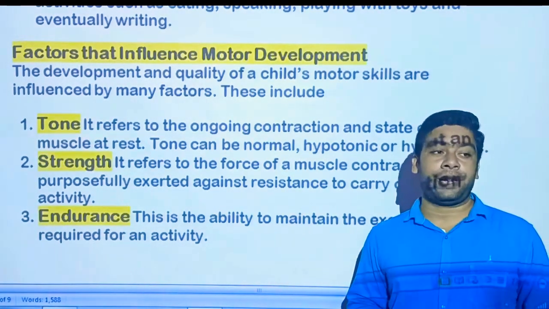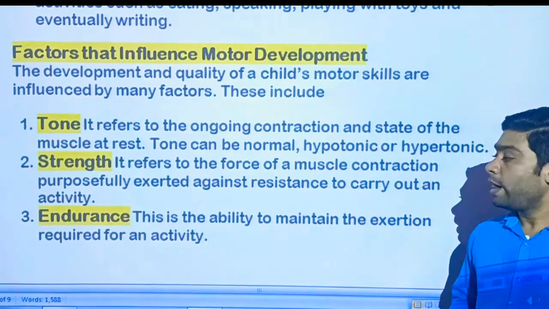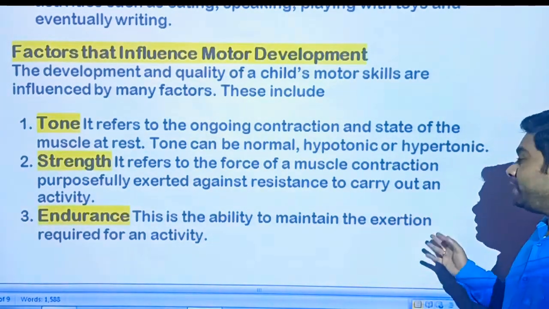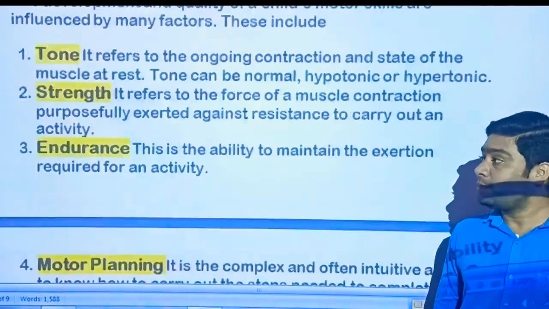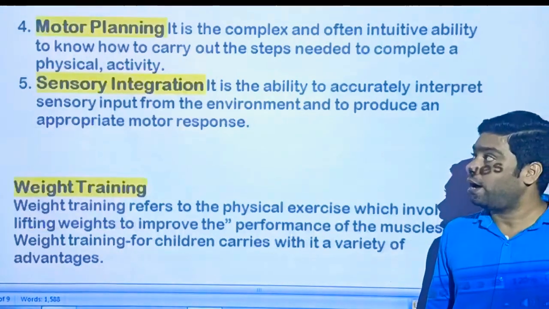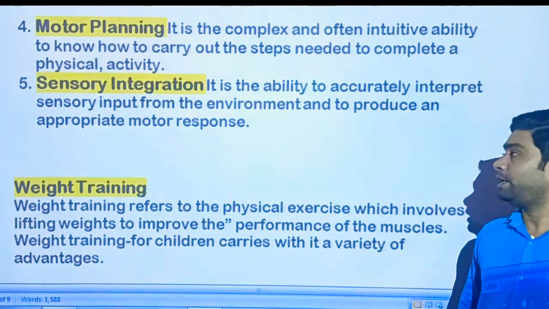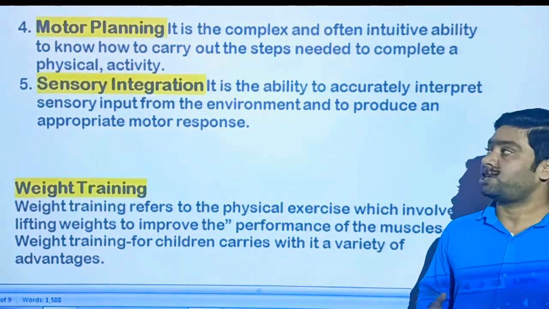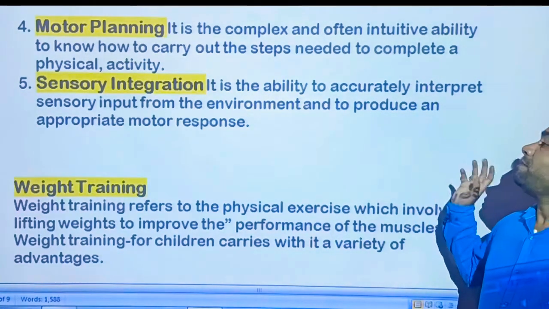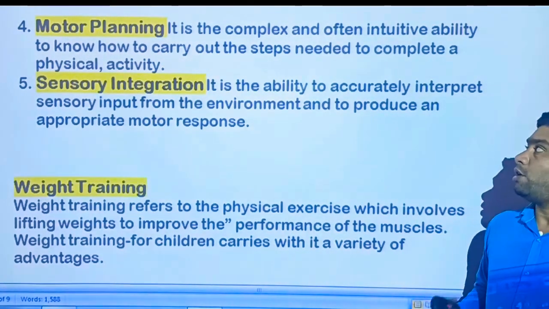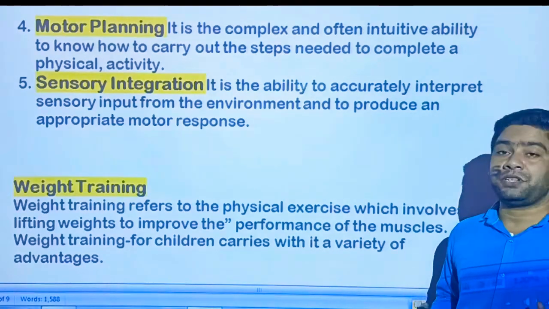Third one is endurance. Endurance means what? Endurance is the ability to maintain the effort required for an activity. That means how much we are prepared and ready for any physical activity. Motor planning is the complex and often intuitive ability to know how to carry out the steps needed to complete our physical activity.